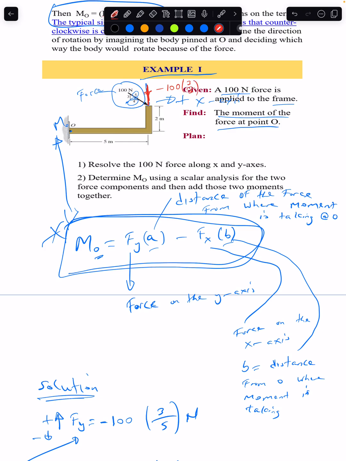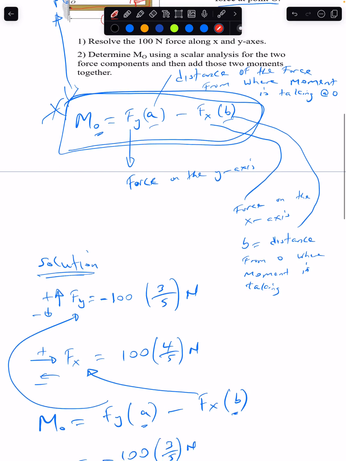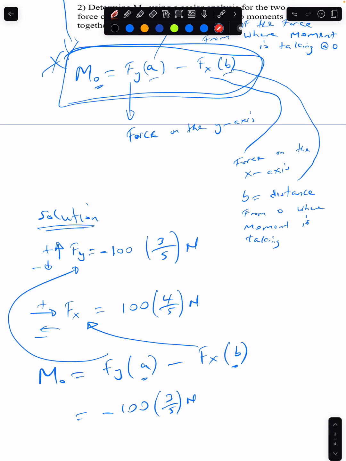From the point O, you could see that this is the perpendicular distance. When I draw the line there, this becomes 90 degrees, and therefore that perpendicular distance, as you can see, is 5 meters. And therefore I'll write this distance as 5 meters.